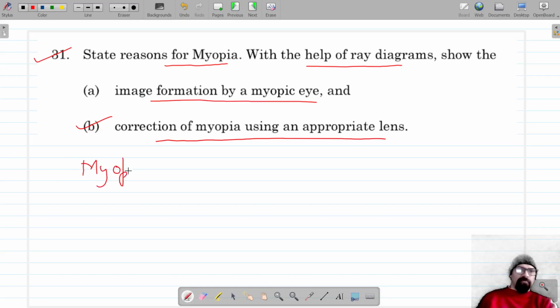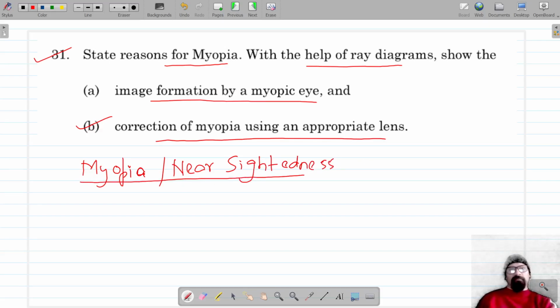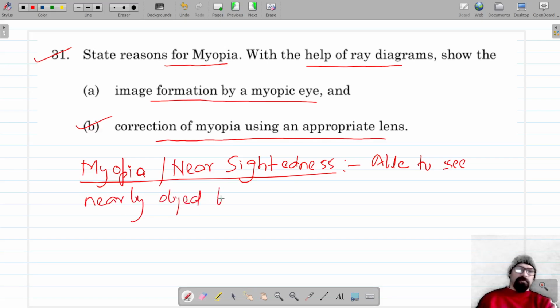The other name for myopia is nearsightedness. That means we are able to see the nearby objects but not the far away objects distinctly.